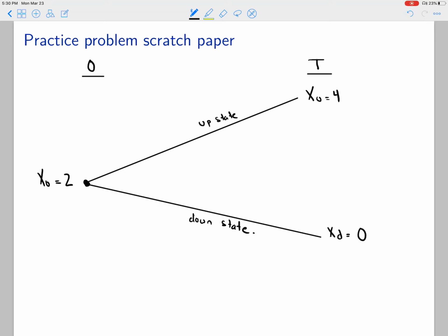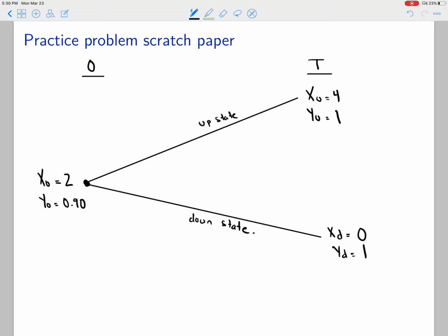Our second asset is asset Y. The price of asset Y today is Y0 equals 0.90. The payoffs to this asset are YU equals 1 in the up state, and in the D state where the economy is bust, it's YD equal to 1.